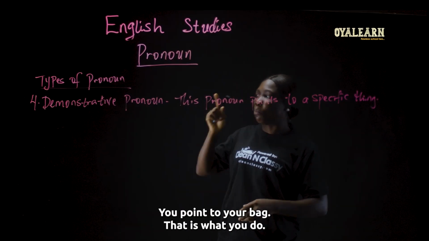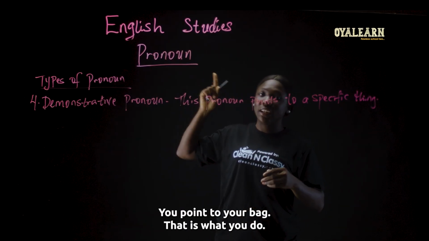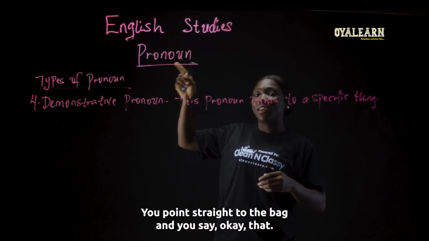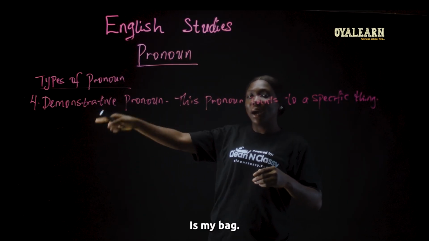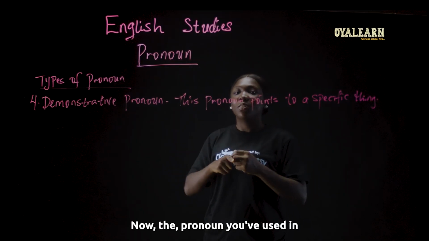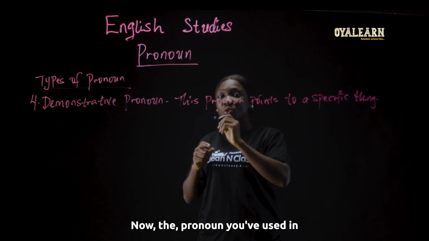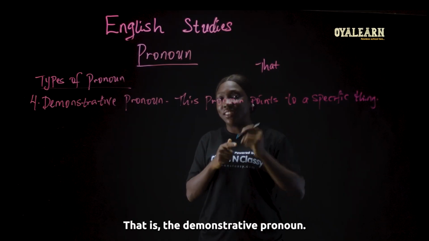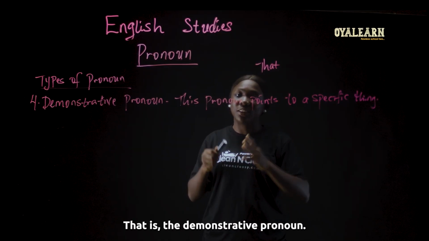So what do you do? You point straight to the bag and you say, okay, that is my bag. Now, the pronoun you've used in that sentence is "that," and that is a demonstrative pronoun.